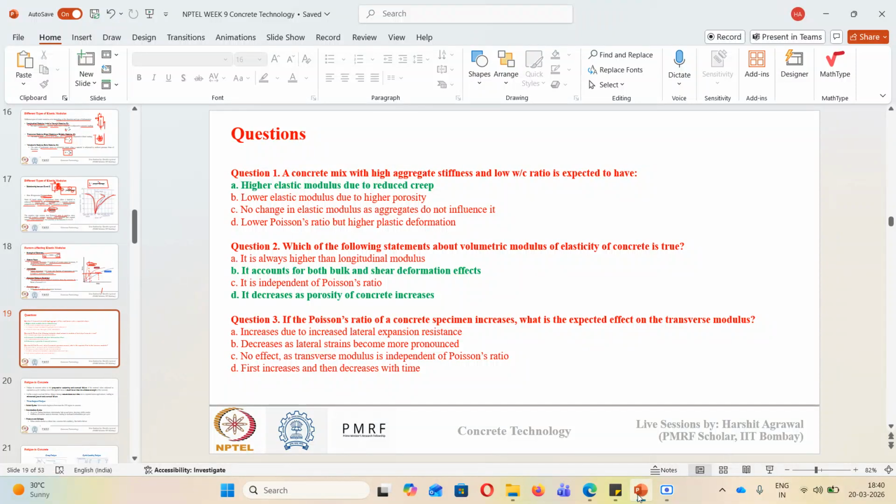Any more guesses? I have seen one answer. One of you answered. So just think how Poisson's ratio is related to strain and how that strain is related to transverse modulus.